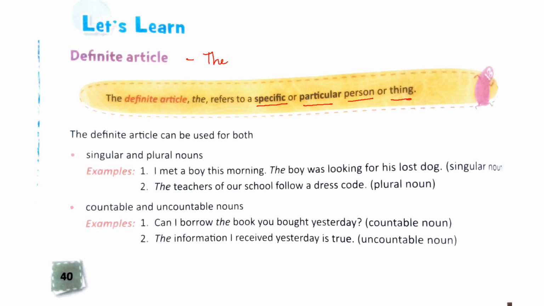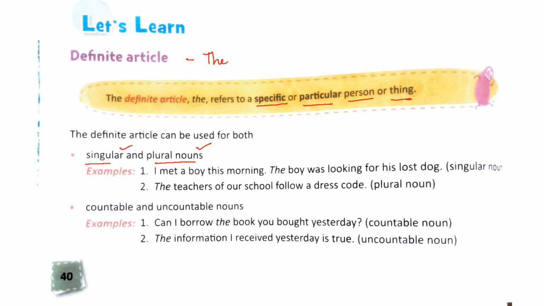The definite article the can be used with both singular as well as plural nouns. In the previous case with a and an, we saw that they are only used with singular, common, countable nouns. But the article the can be used with both singular as well as plural nouns.